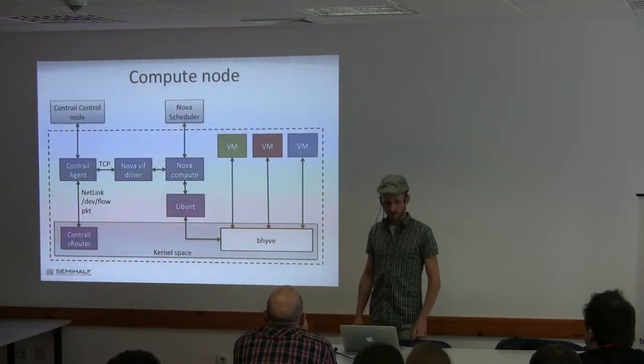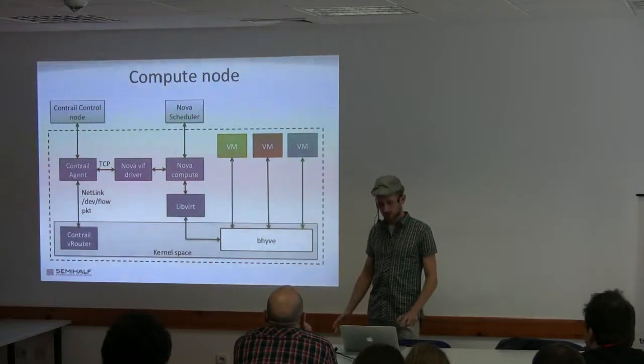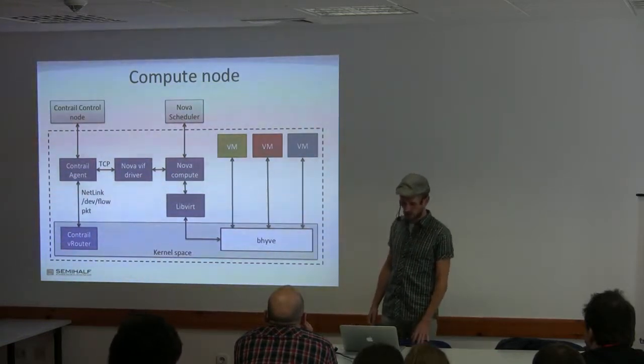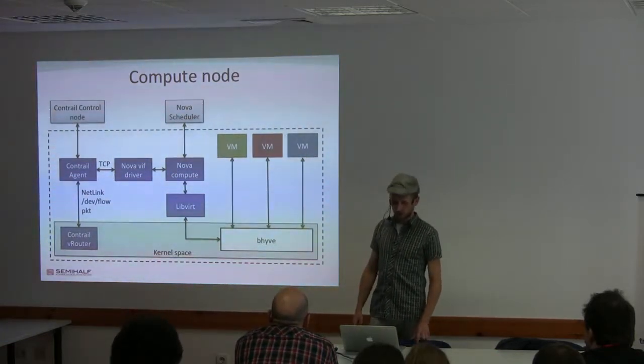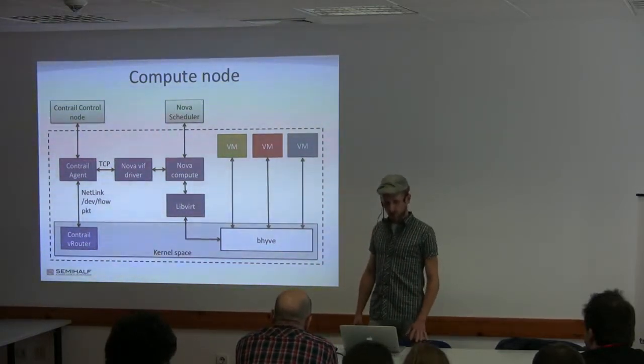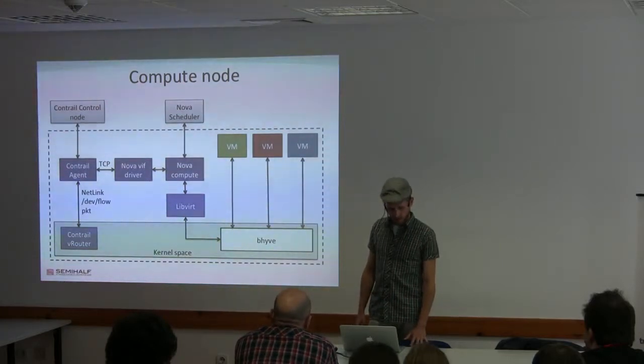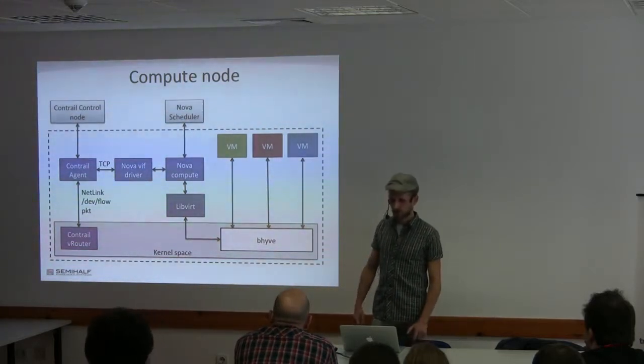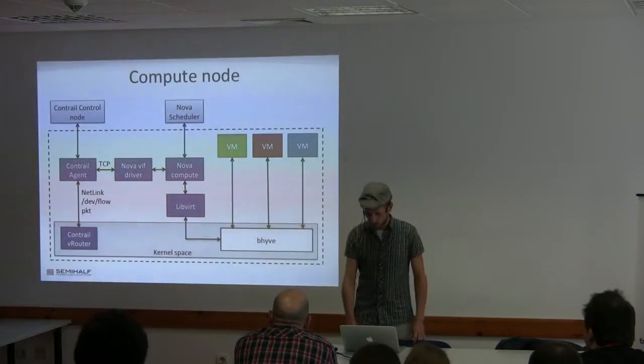This all has to be written, ported, or modified in order to make it work in the FreeBSD case. What we actually support in FreeBSD is only one mode of operation, and it is tunneling via MPLS over GRE.